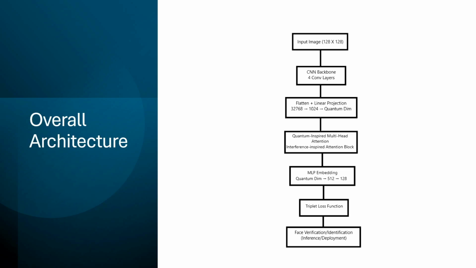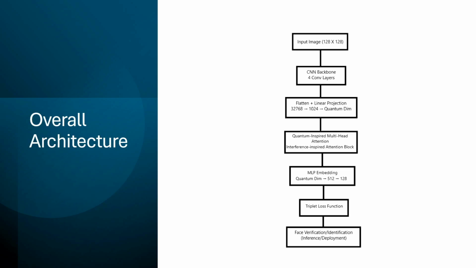So here's the overall architecture. Now I know it's very blurry, so I'll break things out. We get our input image, then we have our CNN backbone, which has 4 convolutional layers. This is the layer where you're trying to get as many features as you can. Then you pass it through a funnel or a filter layer, which takes your 32K size vector into a 16-dimensional vector.